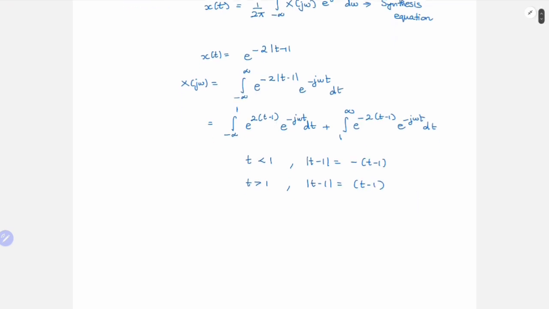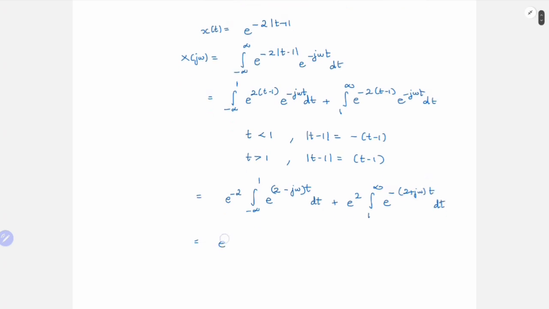Okay, so now we can solve these separately. So e power minus 2, we can take it out. Integral minus infinity to 1, e power 2 minus j omega into t dt. Correct? And here we have e power 2, integral 1 to infinity, e power minus of 2 plus j omega into t dt.